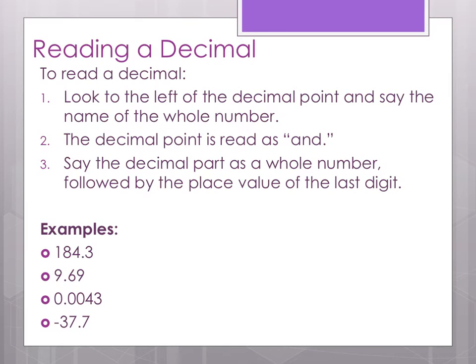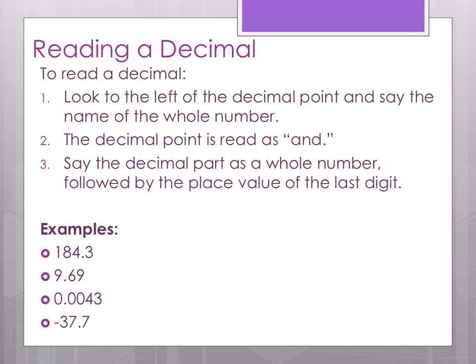You read the decimal point as and, then you say the decimal part as a whole number, and then you follow with the place value of the last digit. So that's tenths, hundredths, thousandths, whatever the place value of that last digit is. So we'll start with these examples here. First we're going to read the number in front of the decimal, 184, not 184 and.